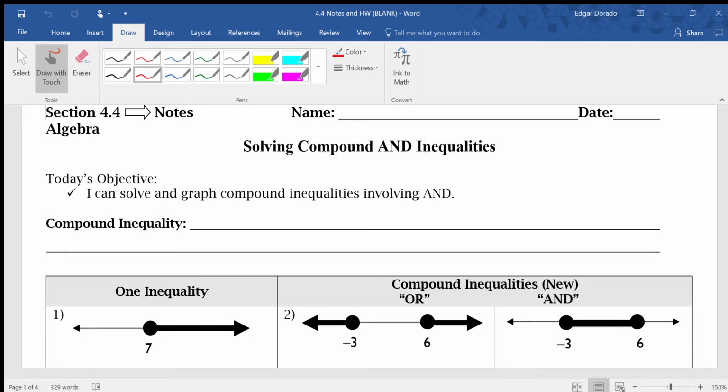with today's topic. So before we get started, let's just go ahead and recap what a compound inequality is.